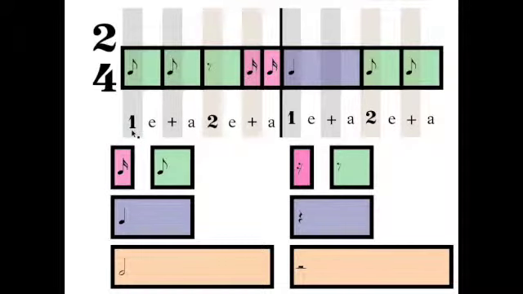Listen to me count this rhythm. 1E and a 2E and a 1E and a 2E and a. If I just say the syllables indicated by the notes, I'm left with 1 and a 1, 2 and.